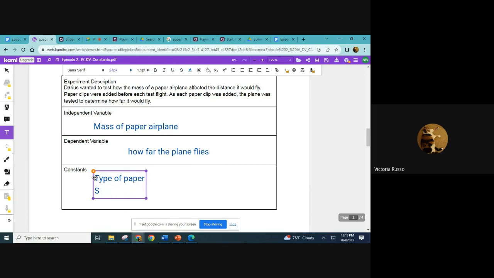So shape is a better word. If they have two wings, they all should have two wings. Who throws it? So the force used to throw it. One thing we're going to see that really matters is the amount of wind. Wind affects how things move. We're going to make sure when you're throwing each plane, the wind hasn't changed.